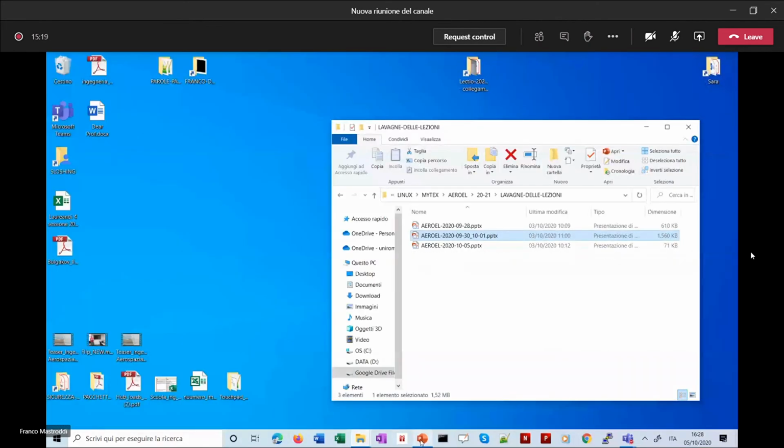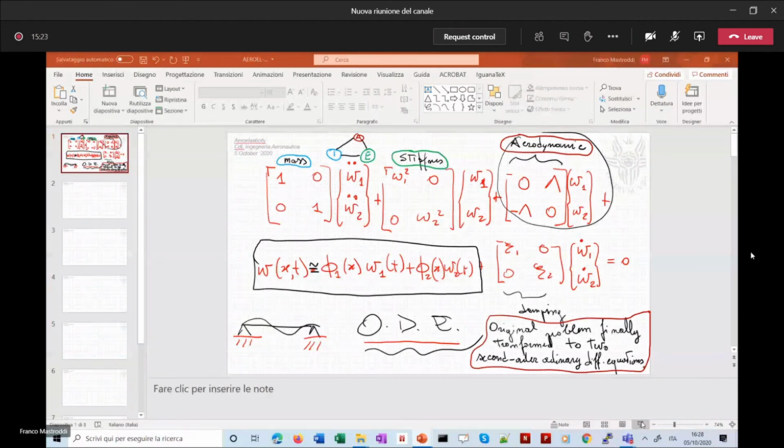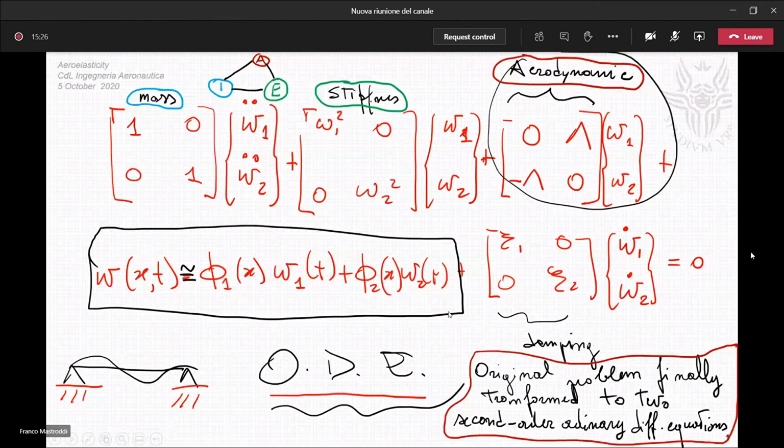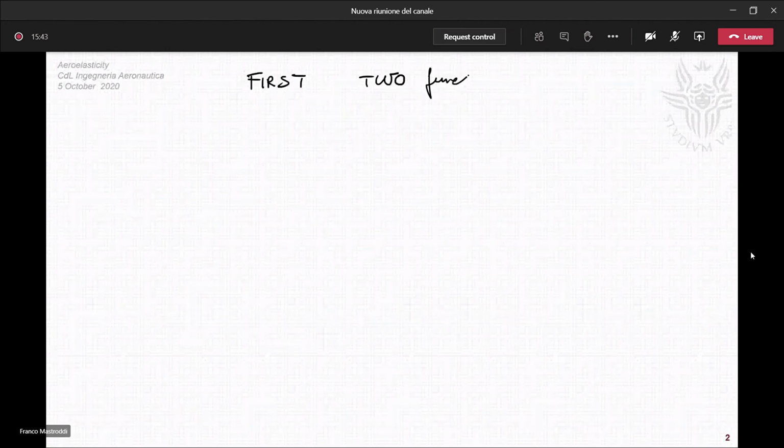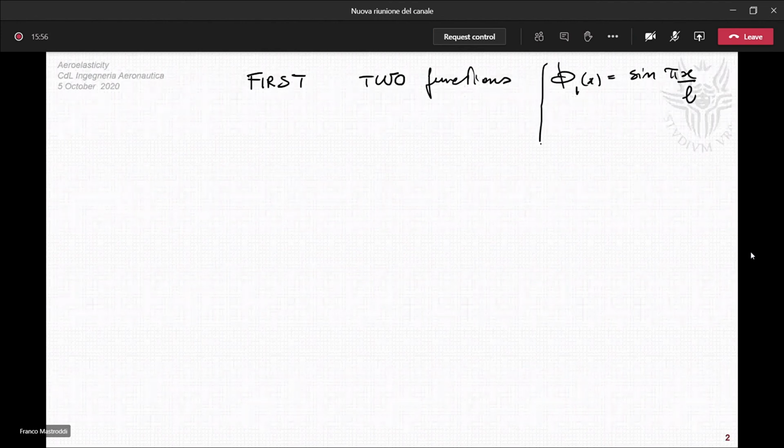First two modes means the following, that we are considering only the first two functions: phi1(x) equal to sine(pi x / L) and phi2 equal to sine(2 pi x / L).